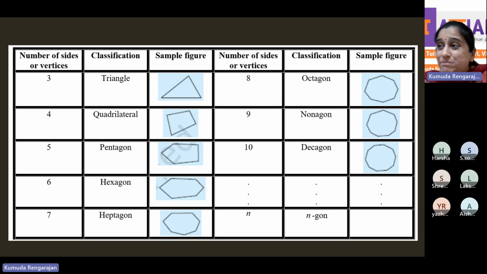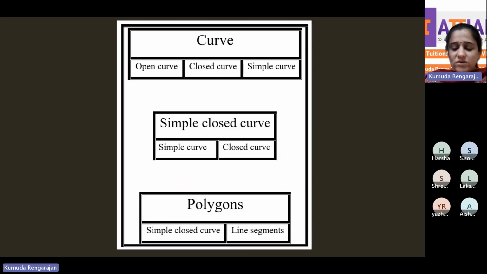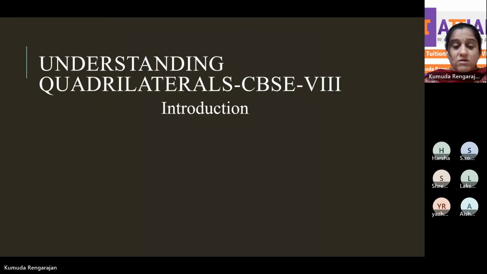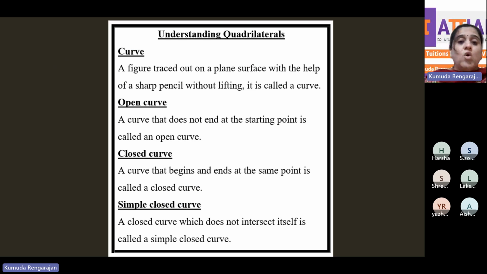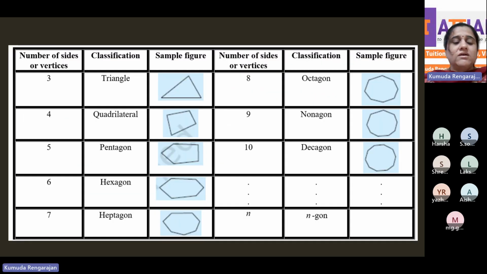A polygon is a simple closed curve made up of line segments. We have something called curve, open curve, closed curve. Very simple. We'll do all this in the next class.